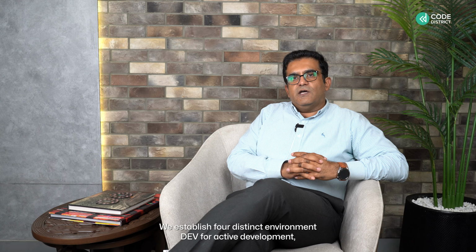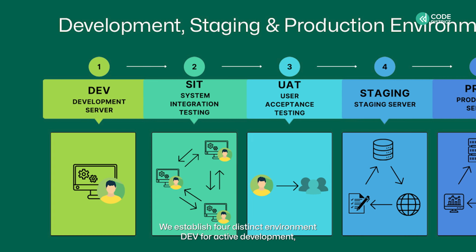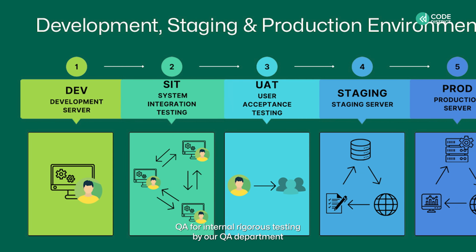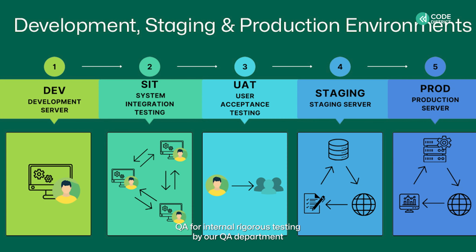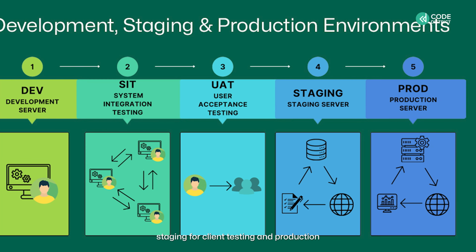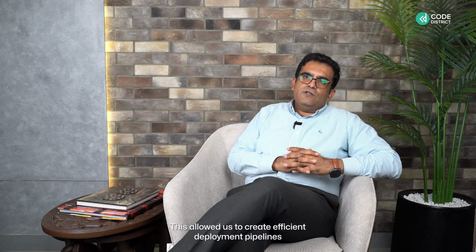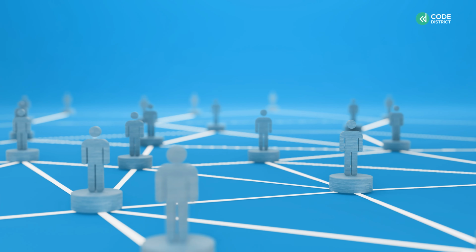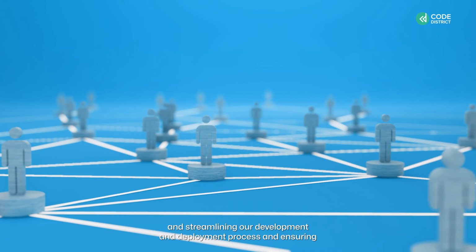To facilitate a smooth development and deployment process, we established 4 distinct environments: Dev for active development, QA for internal rigorous testing by our QA department, staging for client testing, and production environment for the live application accessible to the general public. This allowed us to create efficient deployment pipelines, streamlining our development and deployment process and ensuring new updates and new features are rolled out quickly and reliably.